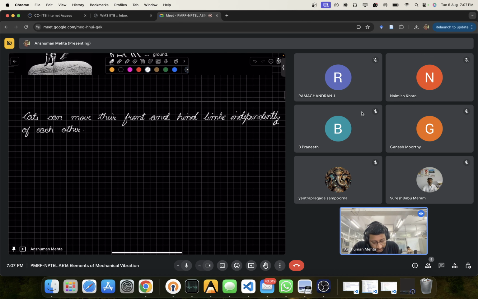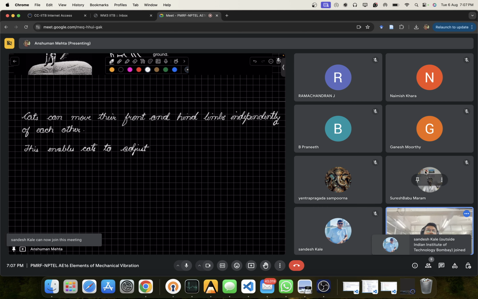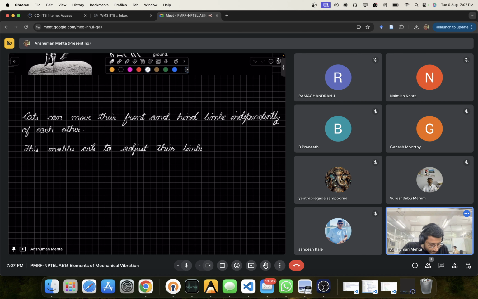But this enables cats to adjust their limb positions to control their orientation during the fall.